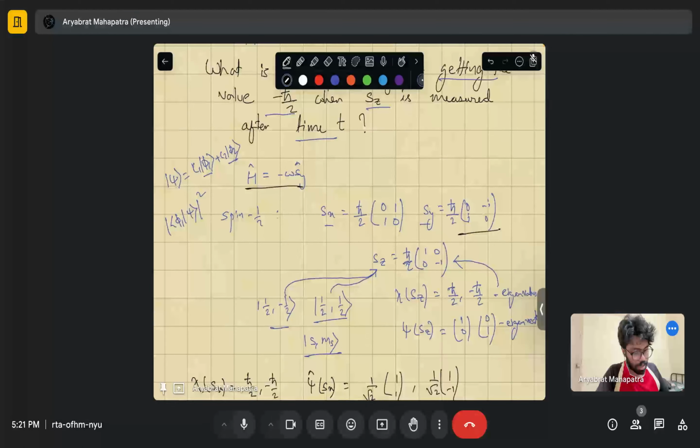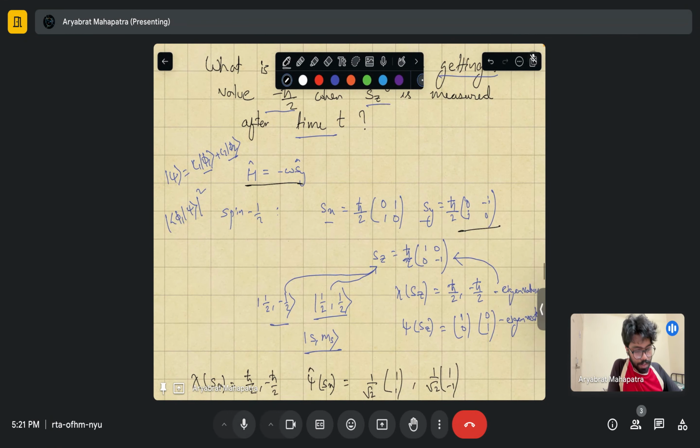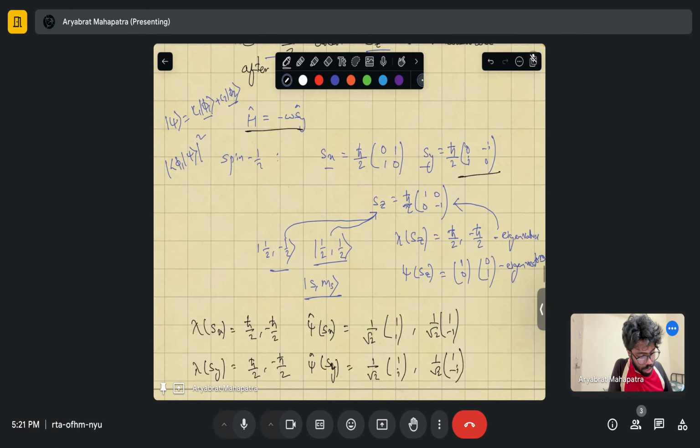The eigenstate given in your Hamiltonian would belong to Sy, because omega Sy is your form of the Hamiltonian. If it had been Sz, then you would have used the S, m_s eigenstates, and naturally the eigenstates would be 1 0 and 0 1.